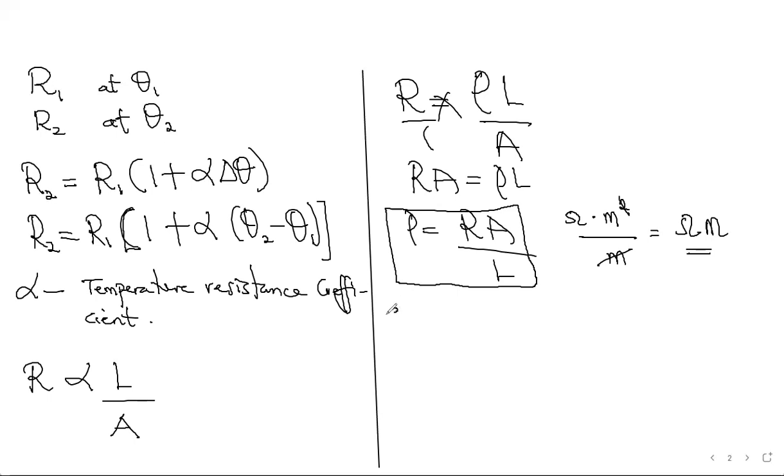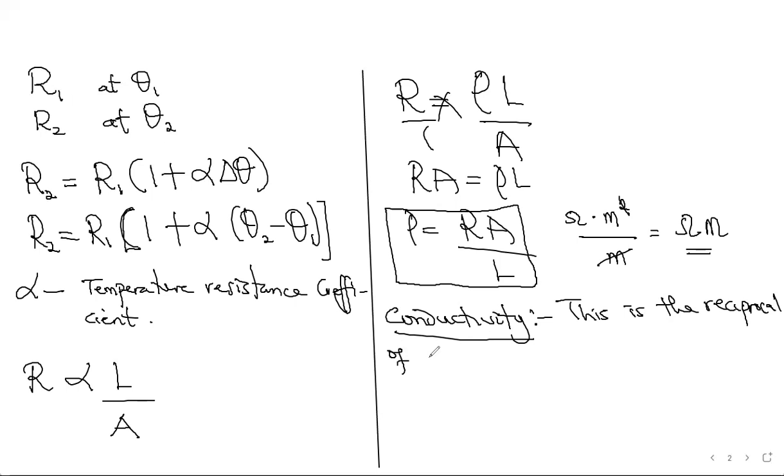Now the inverse of resistivity is called conductivity. This is the reciprocal of resistivity. We've done this before in a previous video. It measures the ease with which a material allows current to flow through.